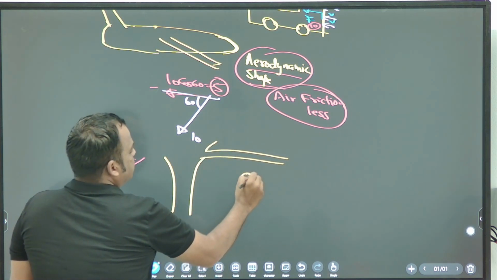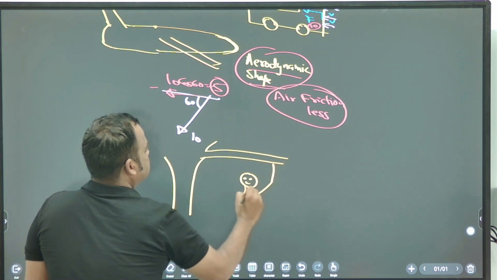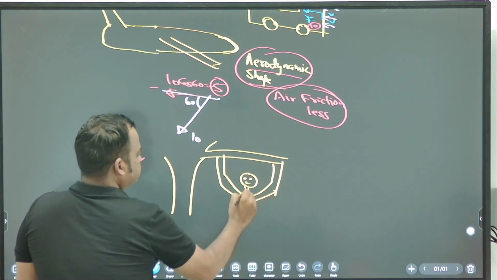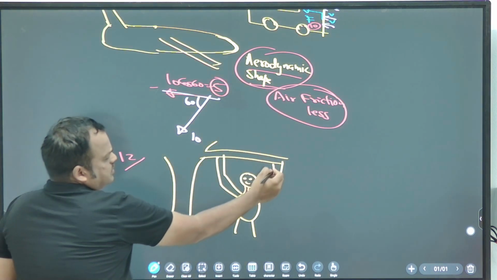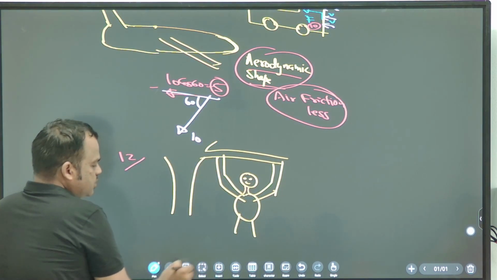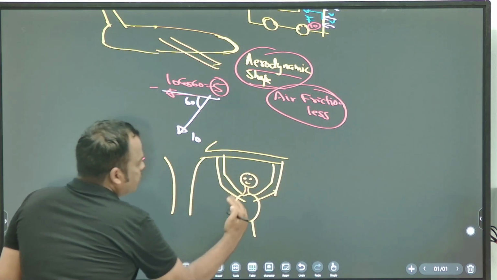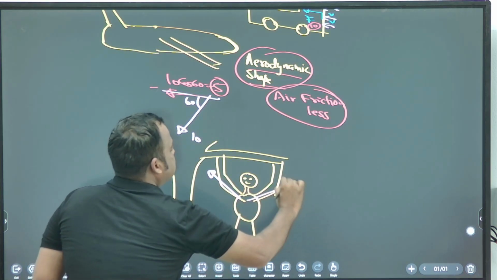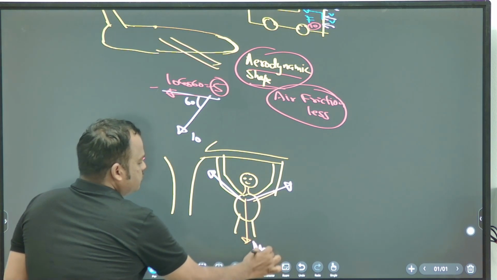Now one student is hanging like this. One hand is here, another hand is here. So one force is acting like this, another force is acting like this, and weight is acting downward.